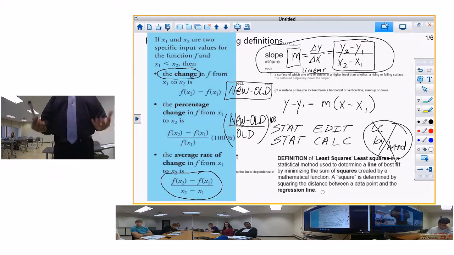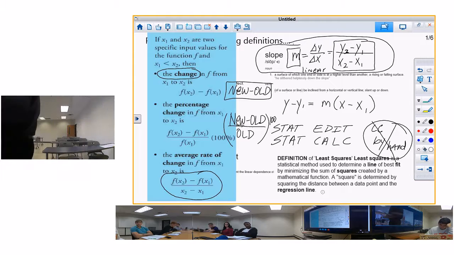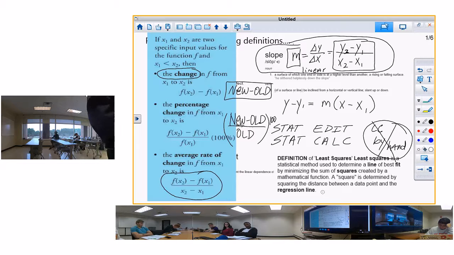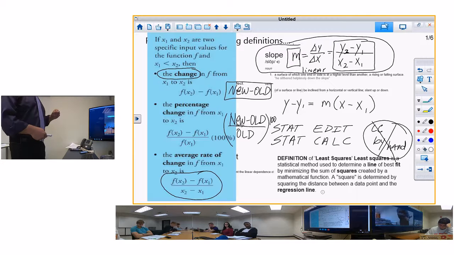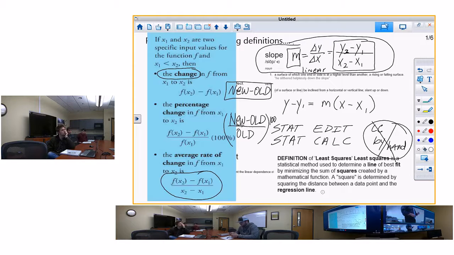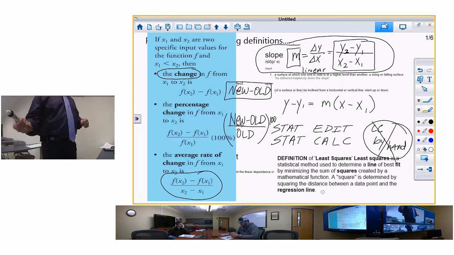Now, what is a regression line? A regression line is a line that is put to the points that makes the best what? 3 letters. F-I-T. The line of best fit. Regression equals line of best fit.